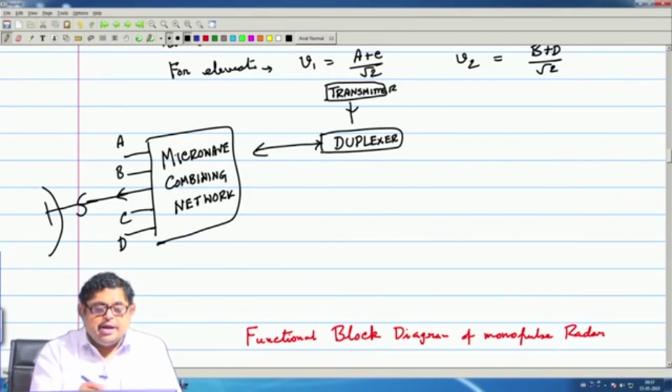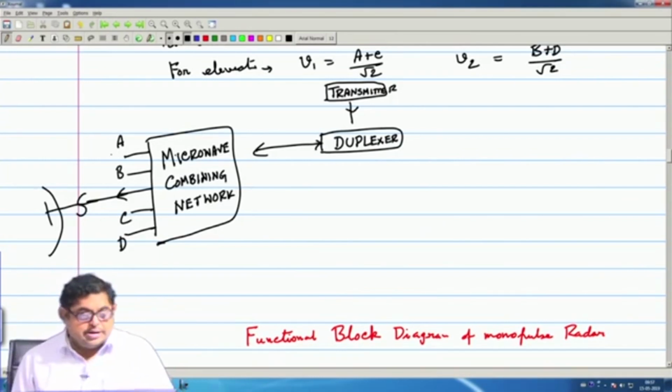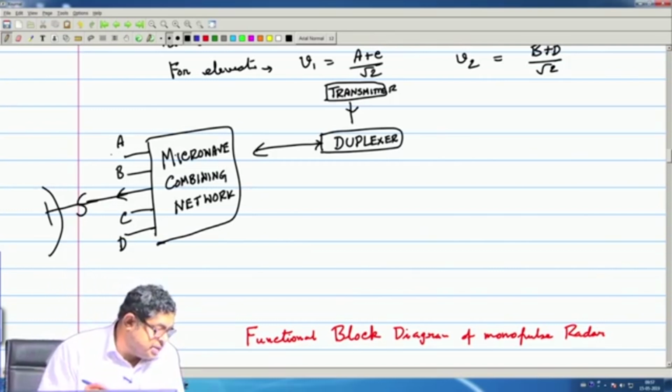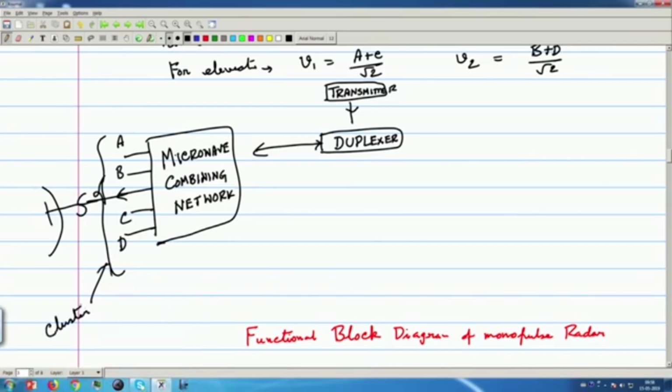Now, while receiving from the target, the echo is received as ABCD. This ABCD is the cluster of 4 feed horns. These horns receive that signal, which we call ABCD, and we put it into this network.